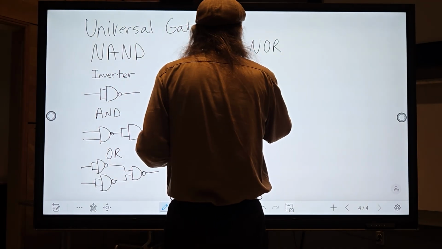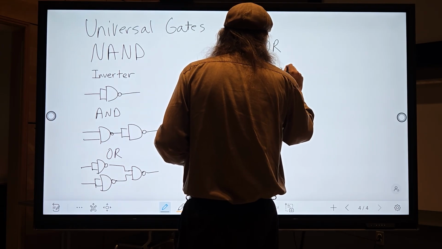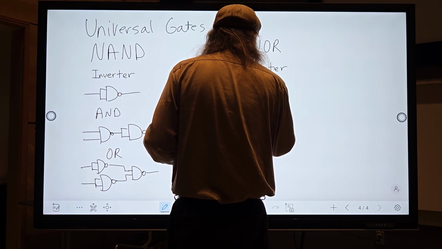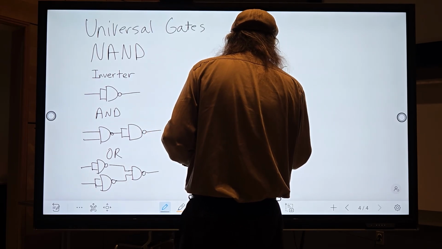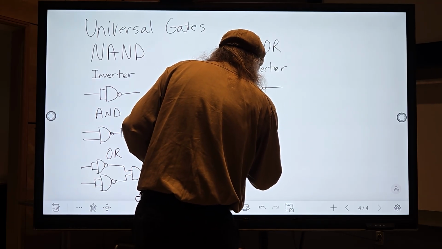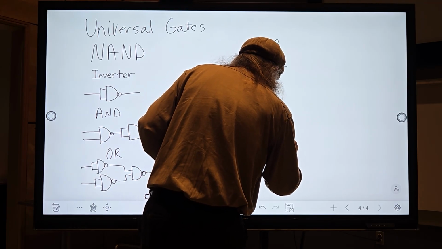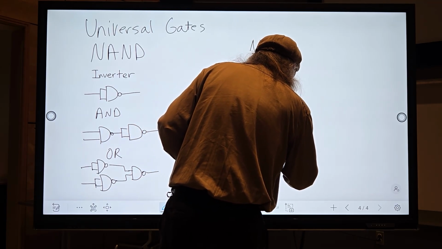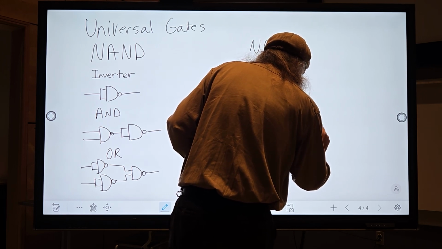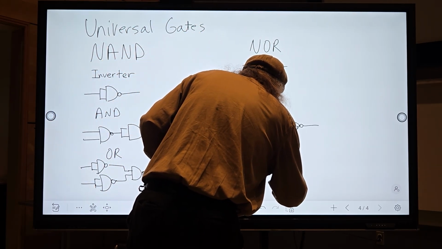Likewise, the NOR gate can be used to create an inverter, and an OR gate, and an AND gate.